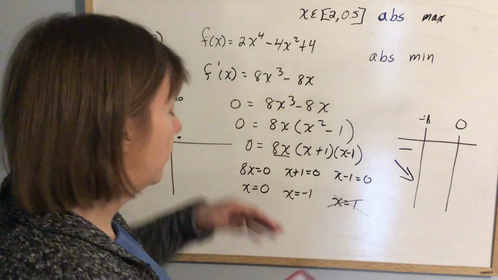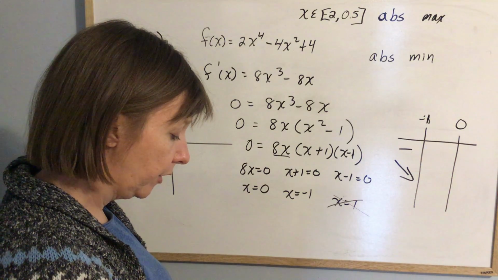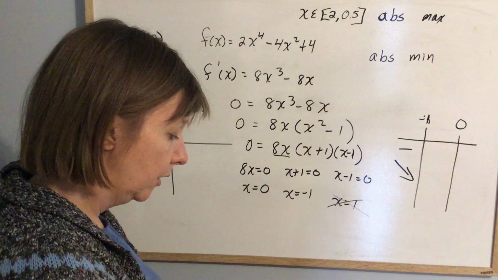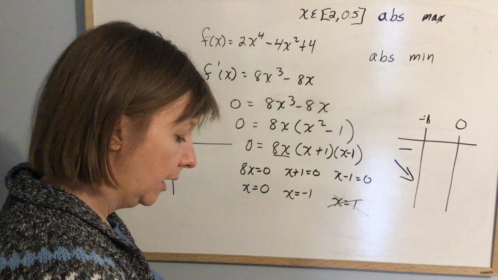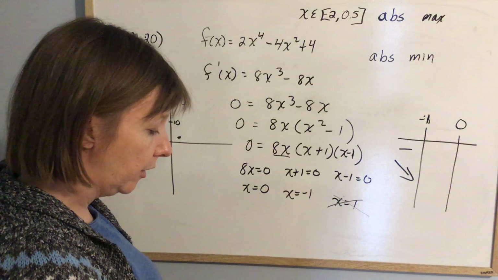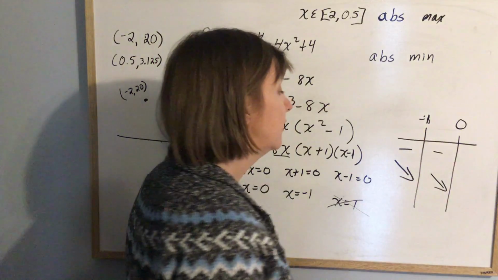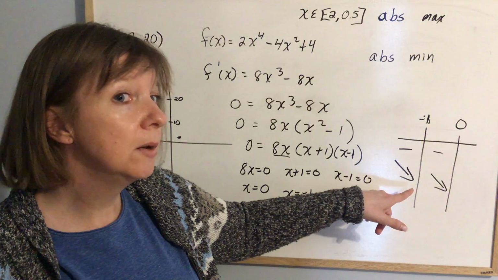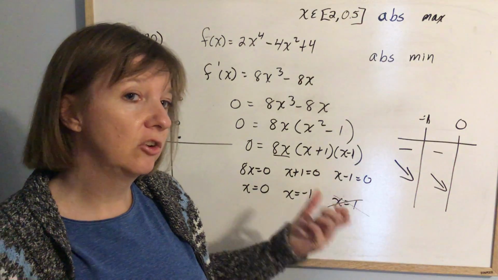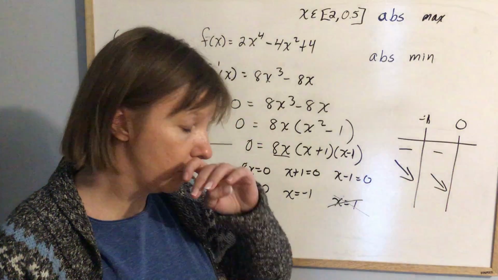So if I do -0.5 cubed times 8 minus 8 times -0.5, I get a negative number. So it's still decreasing. So this is not a local maximum or a local minimum. It's not changing direction. It's continuing to go down at that point.